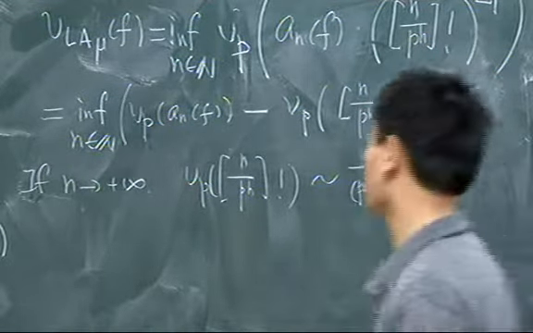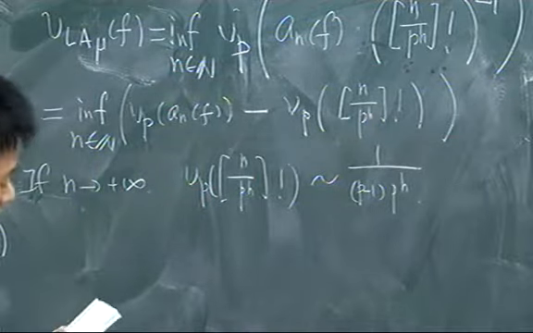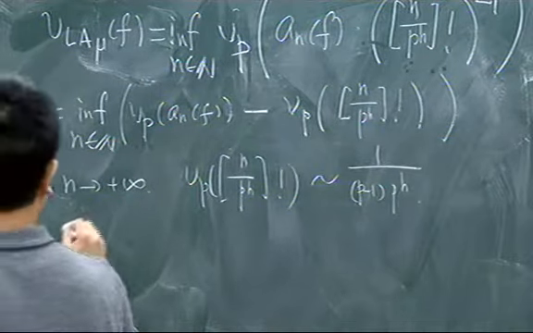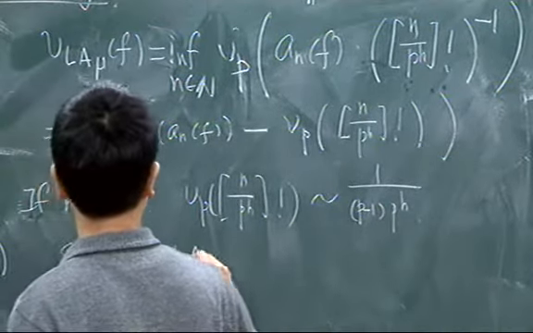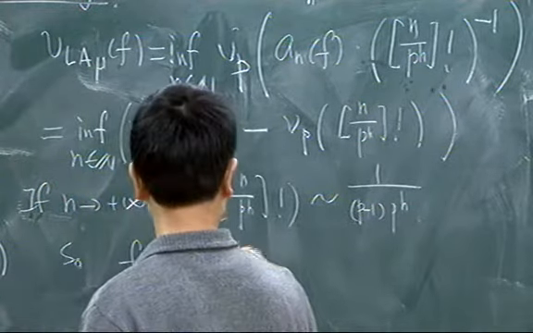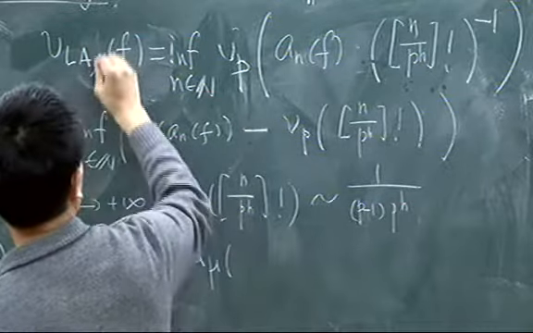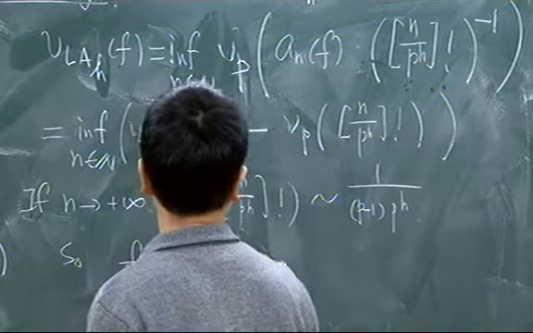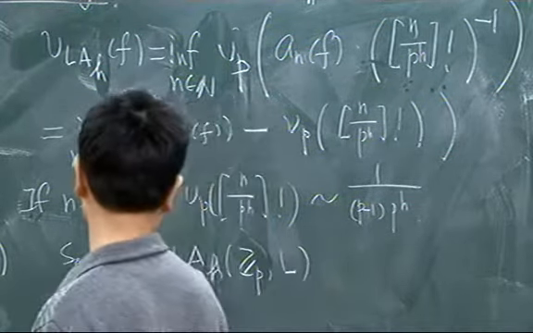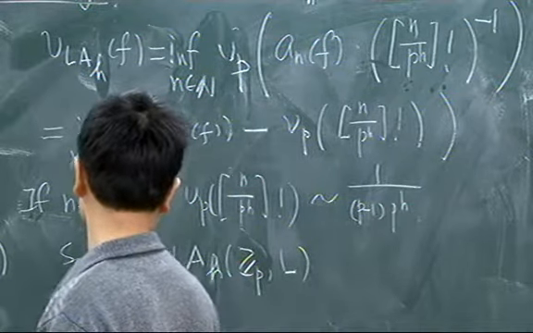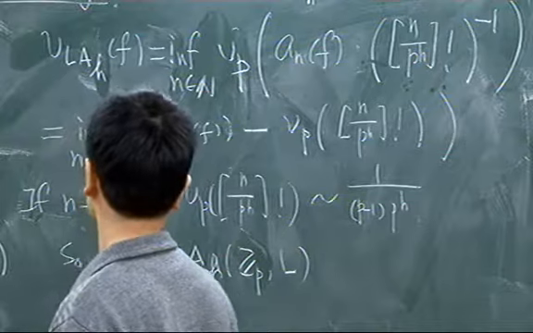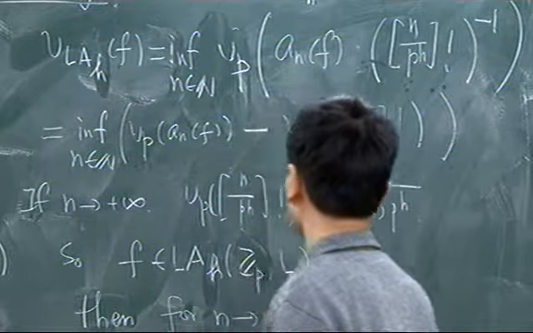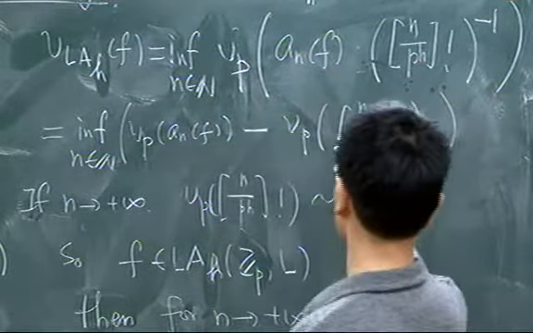So it just means if you want F, so F is contained in LA mu, no, this way, LH ZPL, if and only if, then for n goes to infinity, this one must go to infinity.